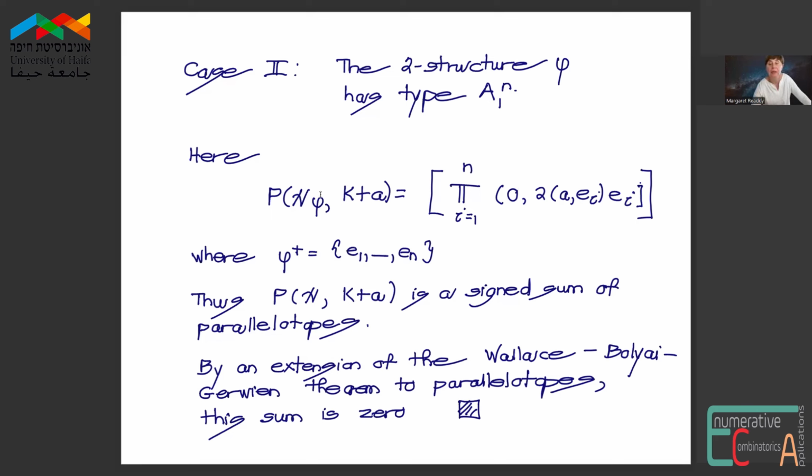And this is for the 2 structures. And what happens then is that when you look at the abstract pizza quantity of the original arrangement, it's going to be a signed sum of these parallelotopes. And by using this extension of Wallace-Bolyai-Gerwien, in the case of parallelotopes, all these signed sums cancel and you actually get 0.